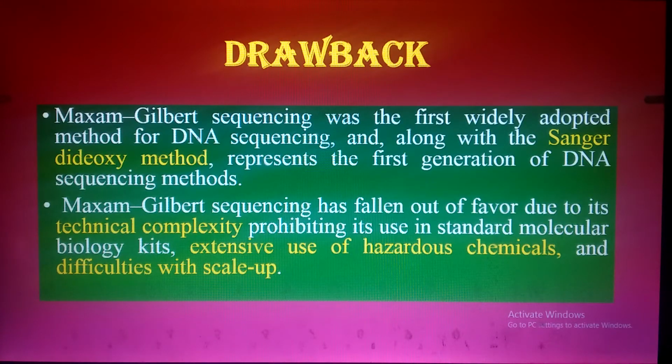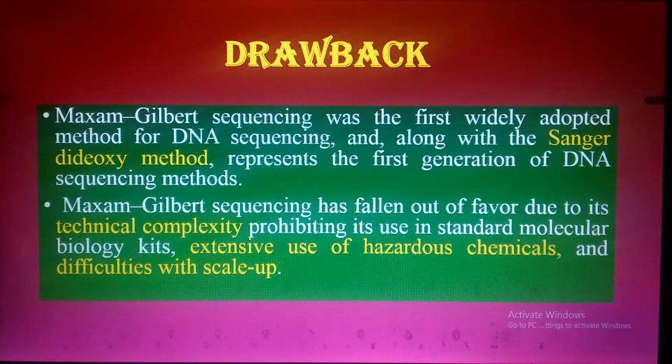Now, what was the drawback? Keep in mind that the Sanger method and the Maxam-Gilbert method were both considered first generation DNA sequencing methods. I will discuss next generation sequencing in detail in my next lecture, so you must watch all my lectures one by one.